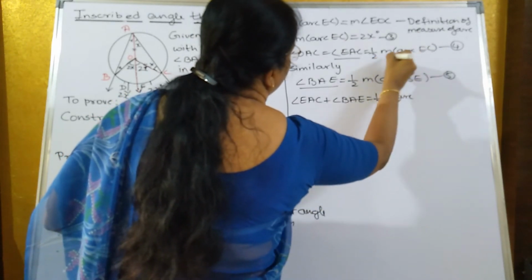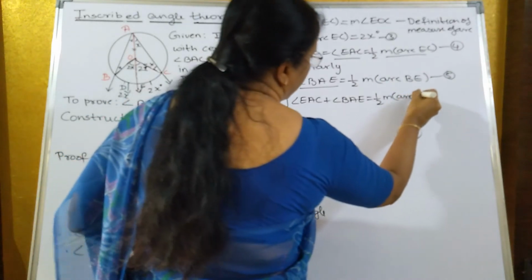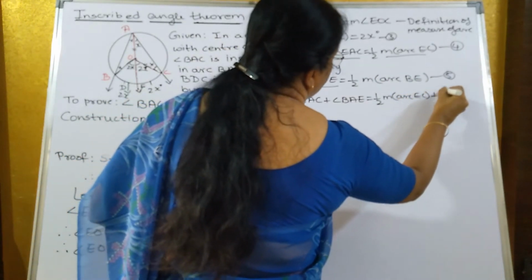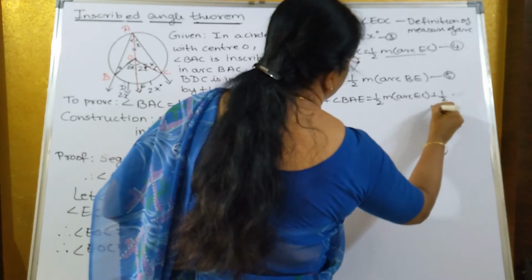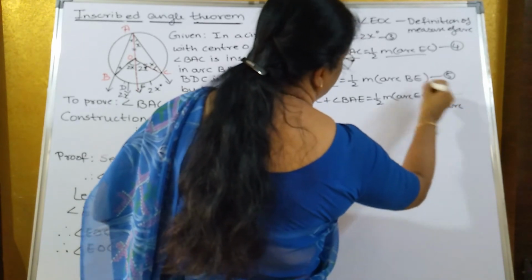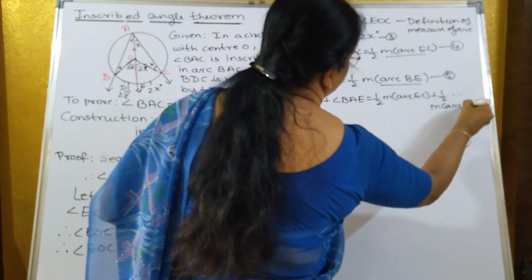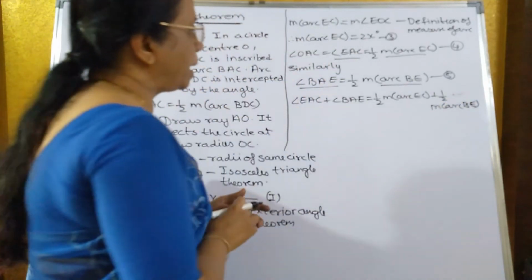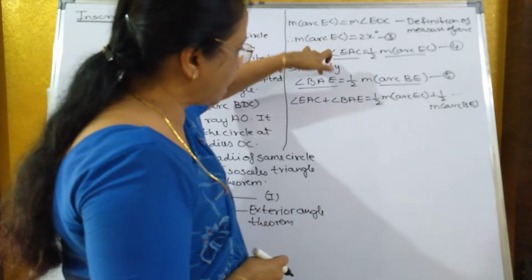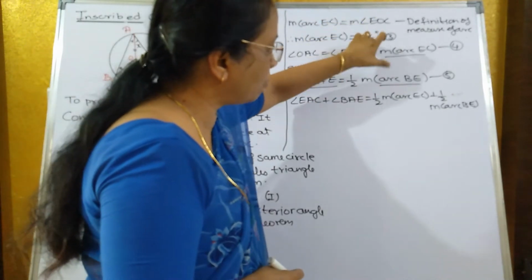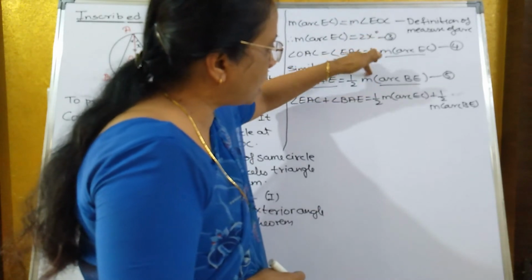Measure arc EC plus half measure arc BE, that is this one. So when I add fourth and fifth, what I'll get? Angle EAC plus angle BAE is equal to half measure arc EC plus half measure arc BE.